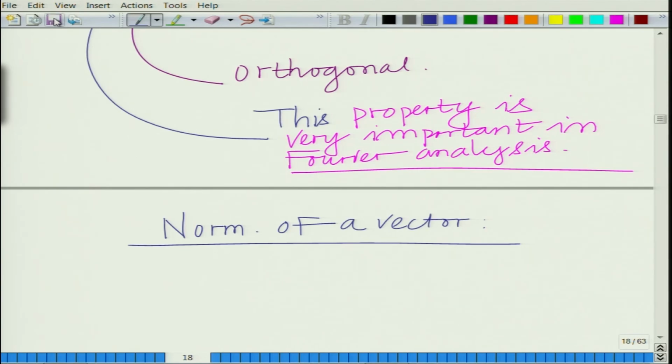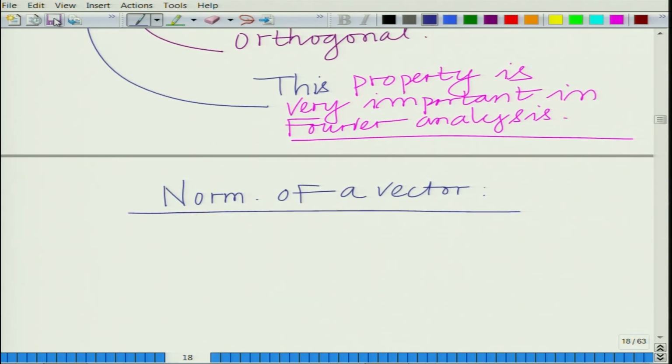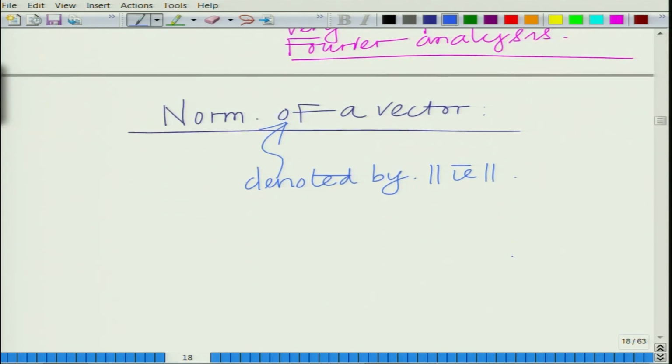The norm of a vector is denoted by norm u bar, which is nothing but the square root of the inner product of a vector u bar with itself.